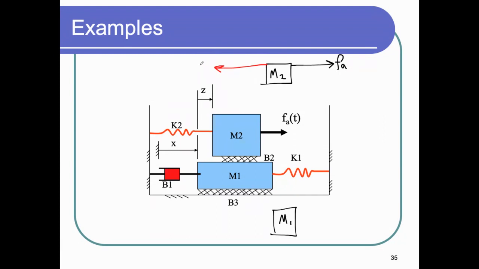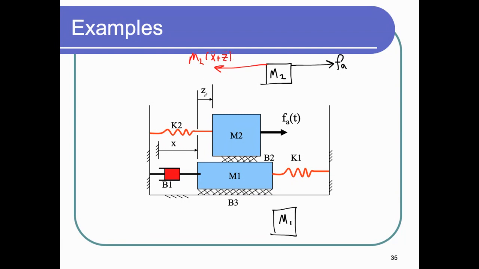Is it K2 x plus z? Is this the inertial force? It is M2 times x double dot plus z double dot. Why is that?